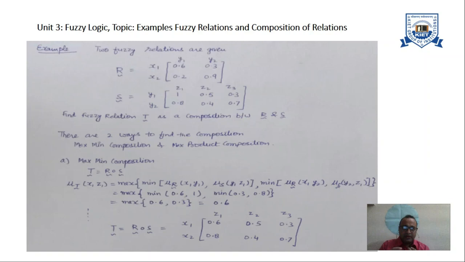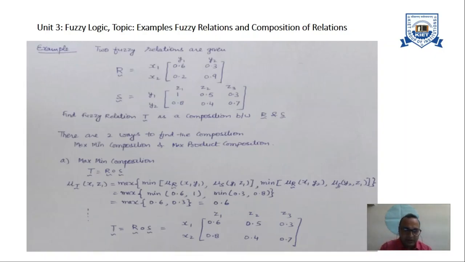Now there are two paths, and each has its own minimum value. Out of these, we will select the path having the maximum value. Via Agra the minimum value is 0.7, and via Aligarh it is 0.4. So we will choose the maximum value, which means we will prefer the path from Ghaziabad to Lucknow via Agra.